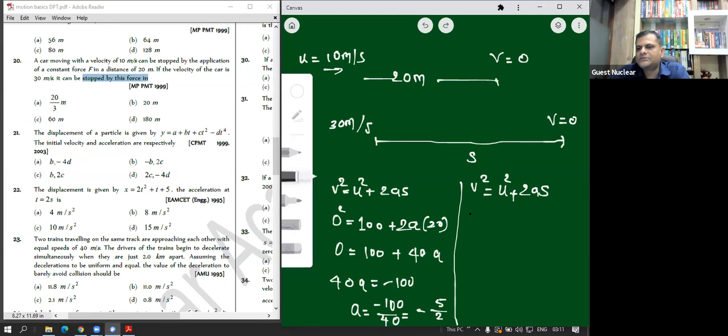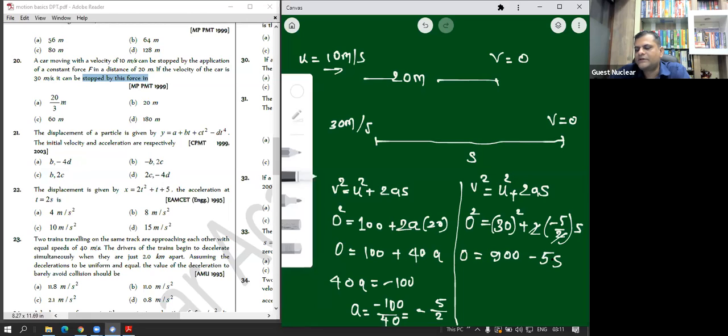So here v becomes 0 and hence it becomes 0 square, which is going to be equal to u square. U is nothing but 30, so 30 का square plus 2 times of a which is minus of 5 by 2 into s, that is the displacement that is to be found out. So if we use this and simplify this further, then we can get this 0 is equal to 900 minus, what is this, 2 cancel and we are left with minus 5s, right?